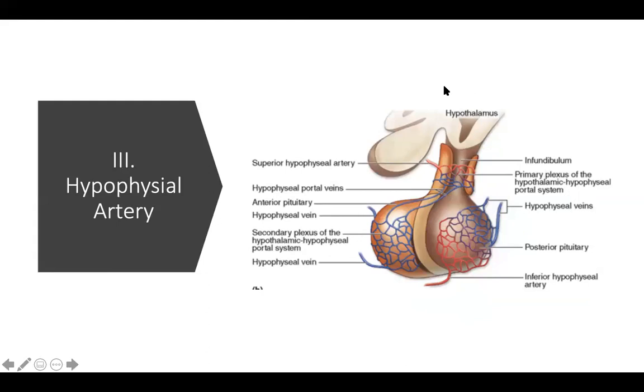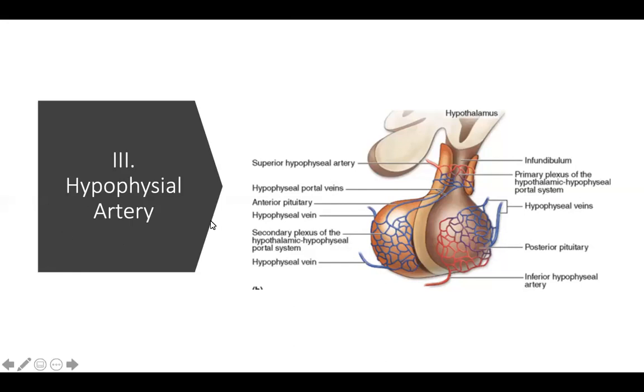So the hormones made in the hypothalamus enter the pituitary gland through the infundibulum, and the hypophyseal artery makes up the blood supply of that system. So if there was any hypophyseal artery occlusion or hemorrhage in that area, the entire pituitary system will be shut down, and there will be no more pituitary hormones.